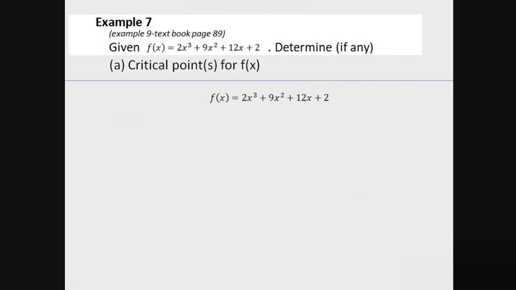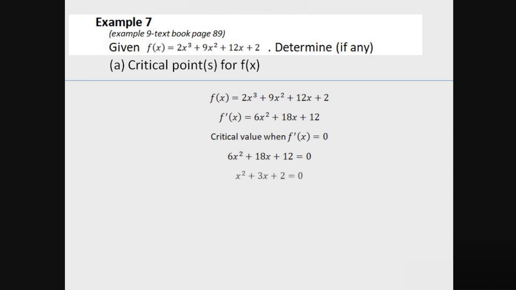Now let's do the final example. Determine any of the critical points for f(x). Let's revise how to get the critical points. We need to find the first derivative and then set it equal to 0. We get 6x^2 + 18x + 12 = 0. We get x^2 + 3x + 2 as we factor out 6.